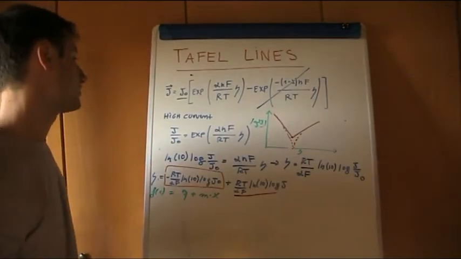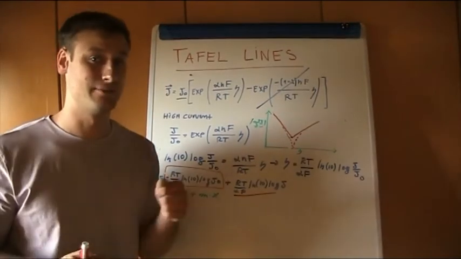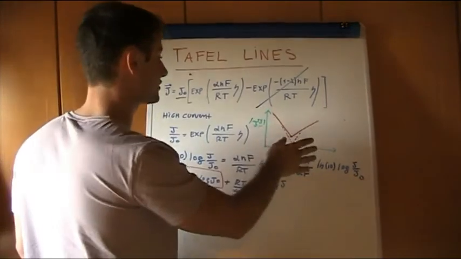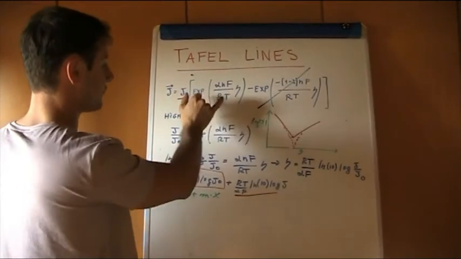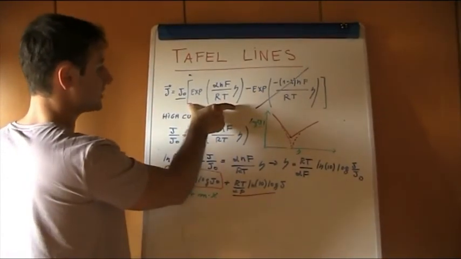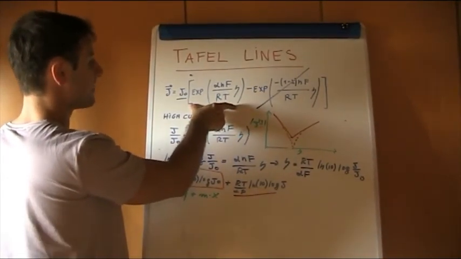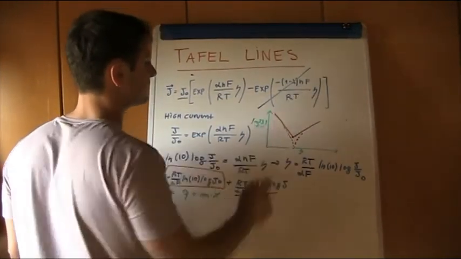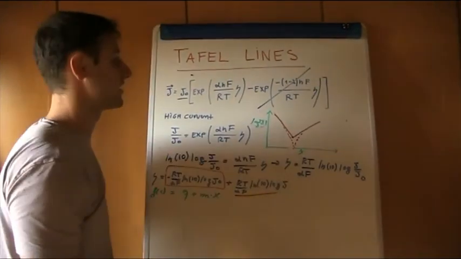So what we are actually doing is taking the Butler-Volmer and decomposing it, solving it as a straight line, first this and later this. So we are imagining that the anodic current does not feel any cathodic current, and later that the cathodic current does not feel any anodic current.